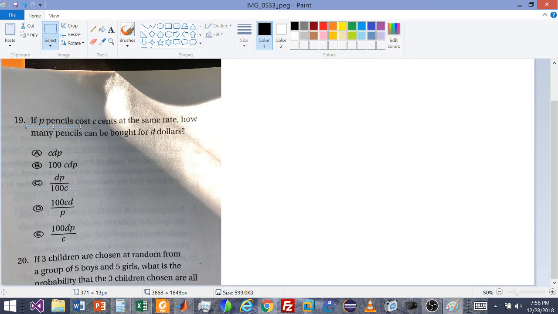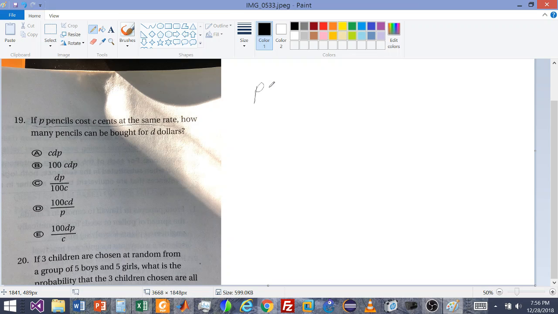The first sentence says, if P pencils cost C cents at the same rate, okay, so right there, let's create one equation. What is the rate in terms of C cents? P represents the number of pencils.